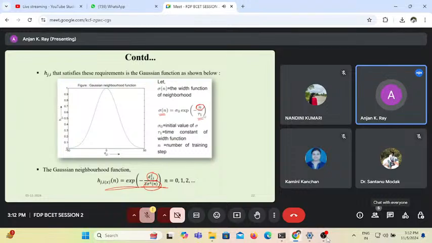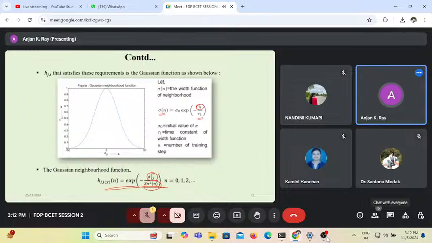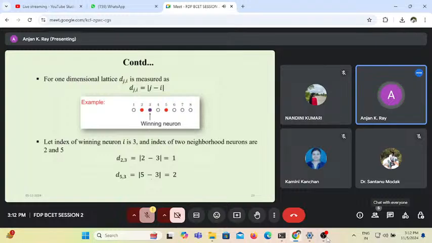We will also show you an implementation for this, but before that, let us calculate the distance first, because to understand the neighborhood, I need to get hold of this distance as well as this width function. So distance, if it is a one dimensional lattice, the index is given as 1 2 3 4 5 6 7 8, like that. Like here, for example, we have 8 neurons, and let us consider that the third neuron becomes the winning neuron.